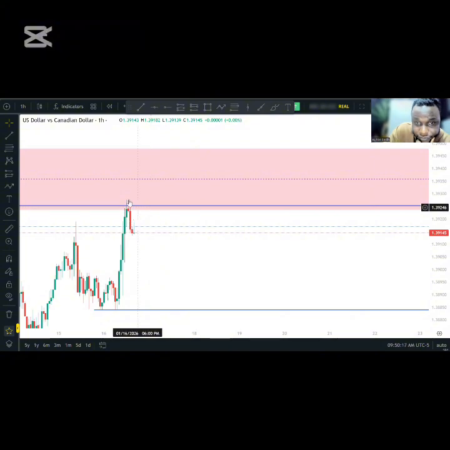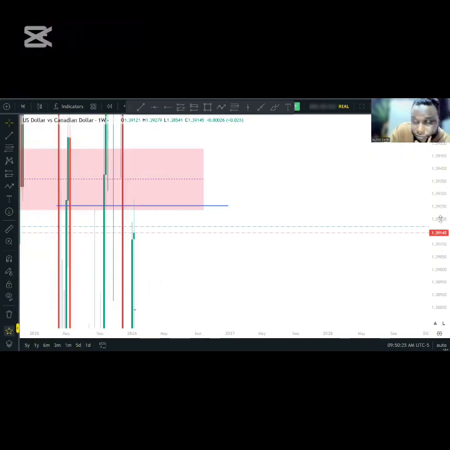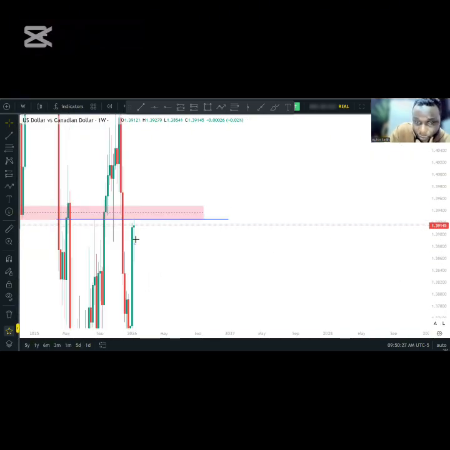As you can see, we already have a sweep. Let's see the weekly time frame. I want to show you something there. From the weekly time frame, you can see that this last week that just finished actually just swept the week before this last week. So that is just a nice sweep showing you that the market is getting set to sell.